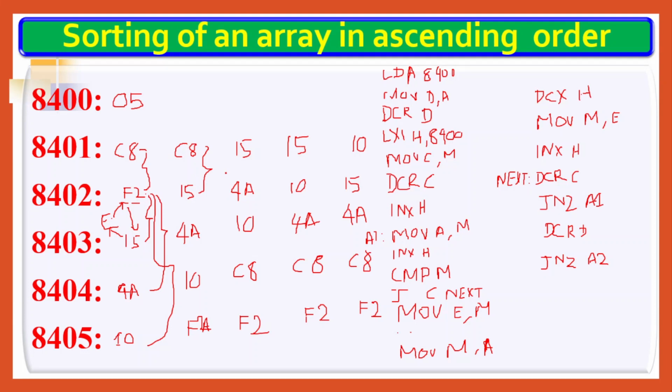The entire process we have to start again. That's what we are doing here, LXI. This label should be here. Okay, so completed now. Jump no zero A2, then HLT.